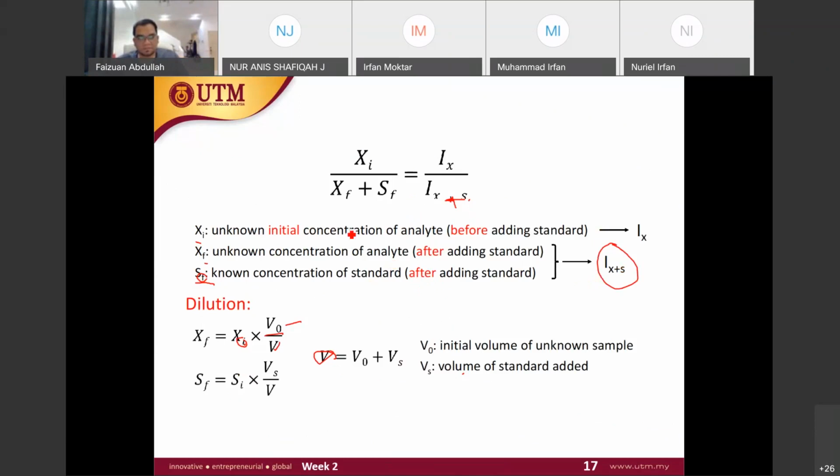So Ix is the unknown initial concentration of analyte before adding standard.